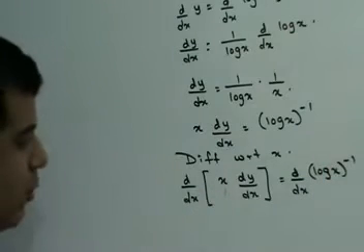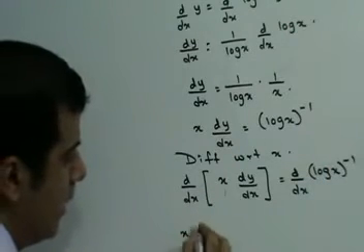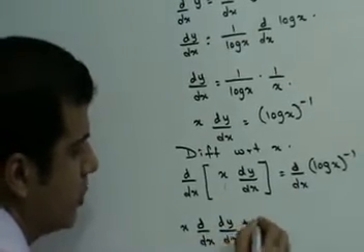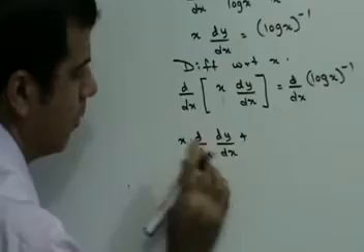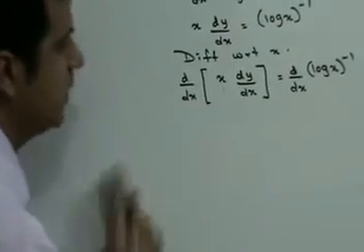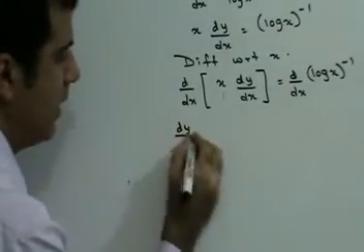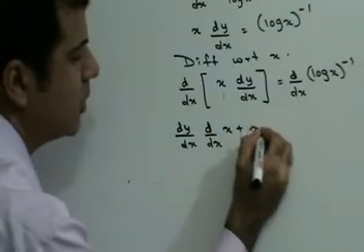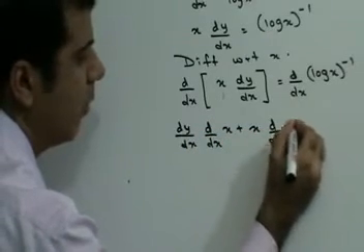Here I can use the uv formula: v times derivative of u plus u times derivative of v.